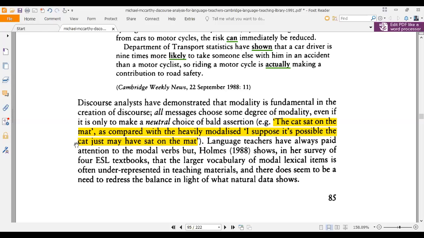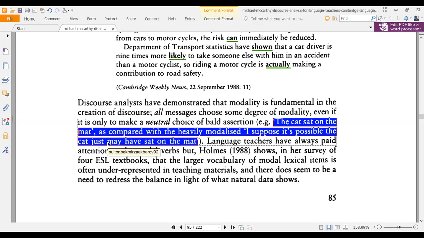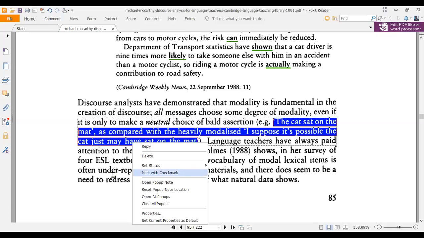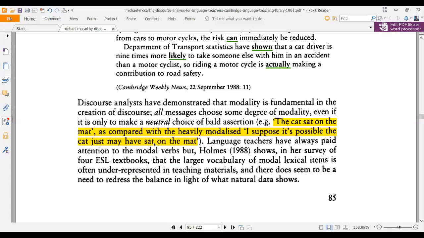So here you can see "may have". This is a type of modal with a possibility meaning, and "possible" and "suppose" are other ways to express it.